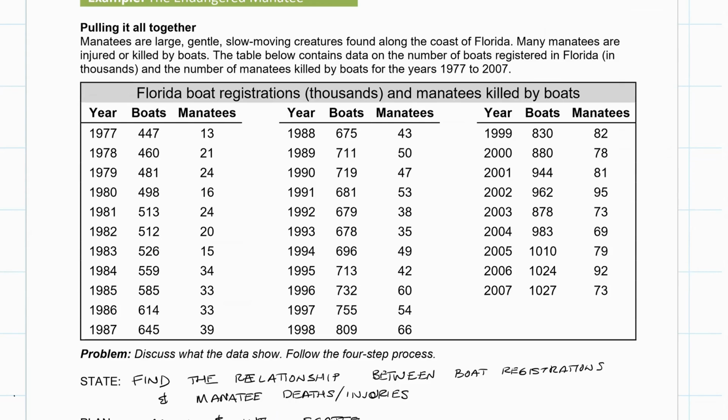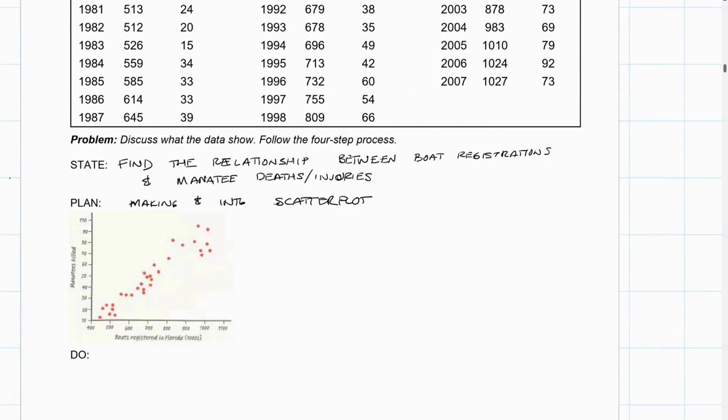Now, luckily for us, the book has made a scatter plot for us, so we don't have to plot that out.